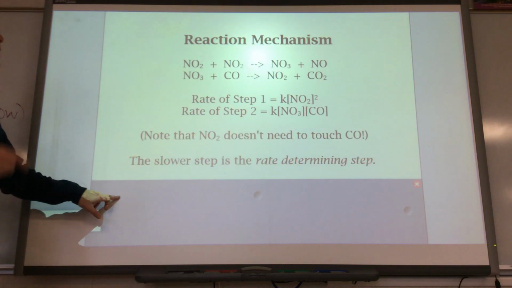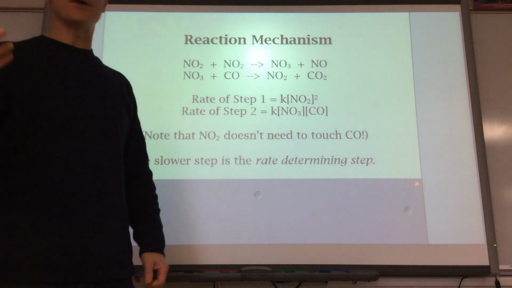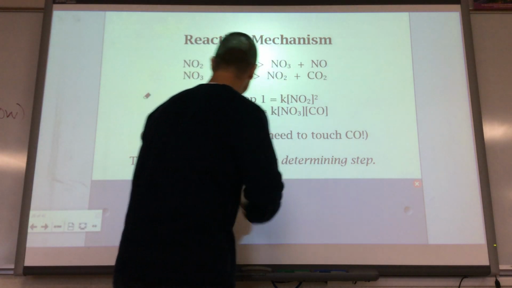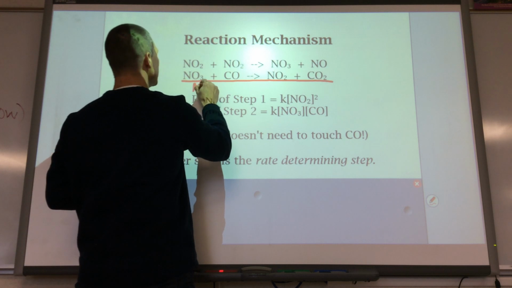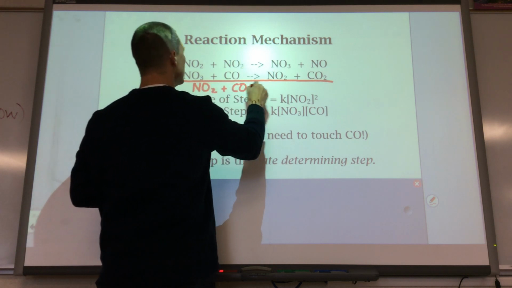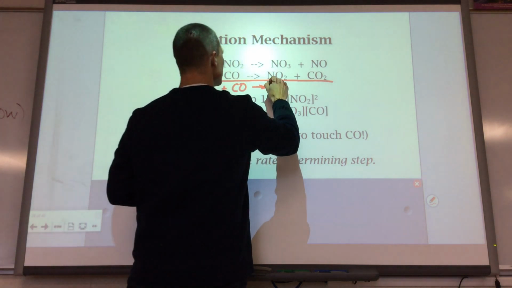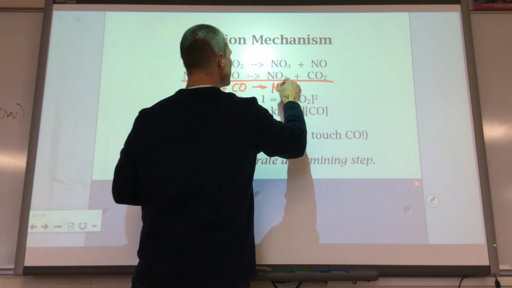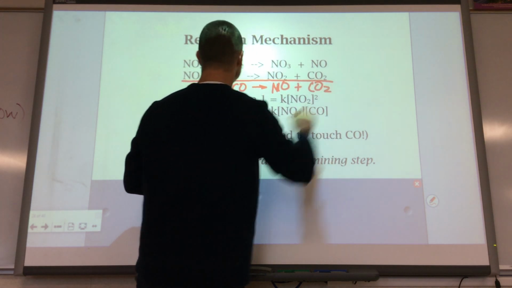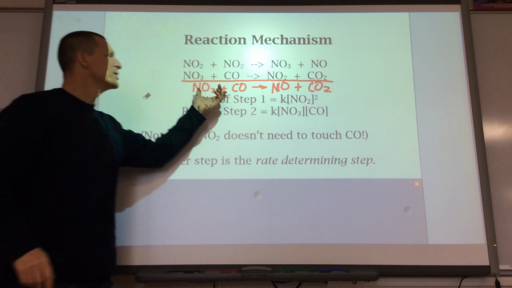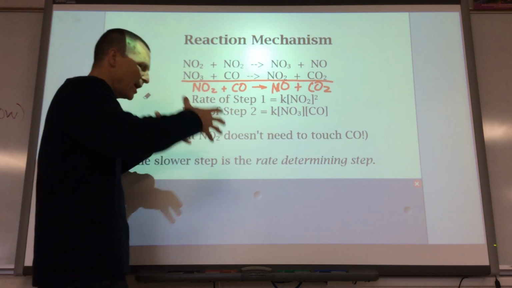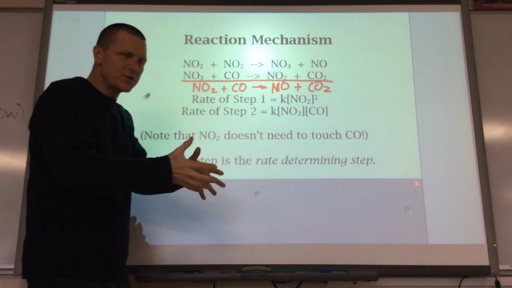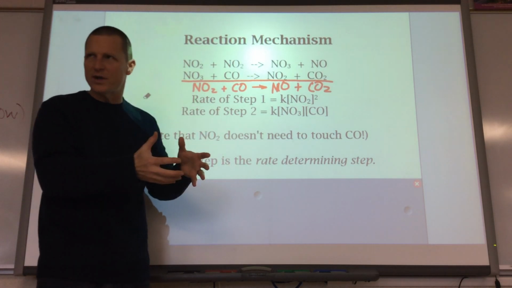Okay, now here's something that I find very interesting about this reaction. Remember what the overall reaction is. These are the two steps, but the reaction is NO2 plus CO yields NO plus CO2. I want you to notice in the overall reaction, these are our two reactants. So physically, we have to take a container and put some NO2 into it, and then put some CO into it.